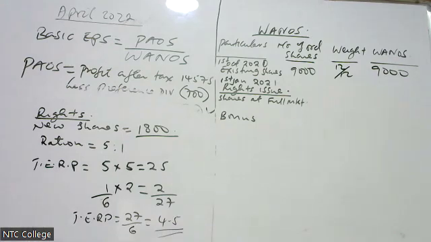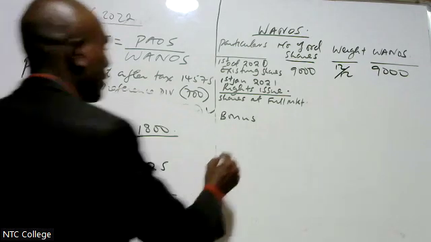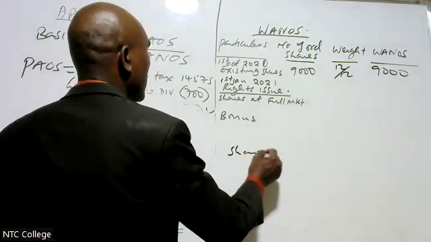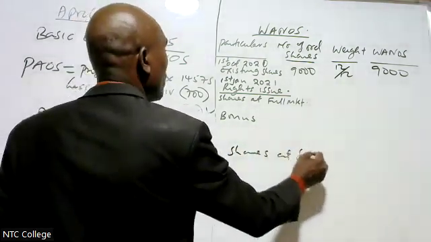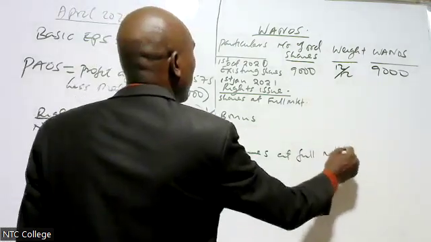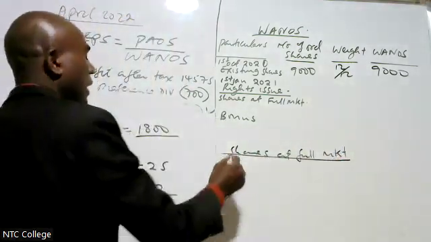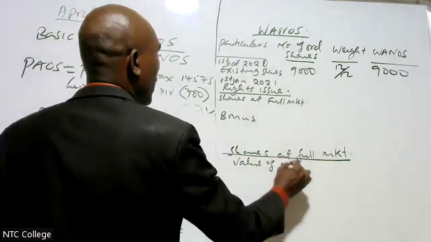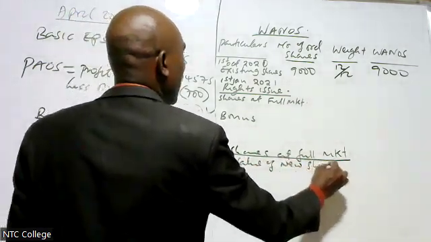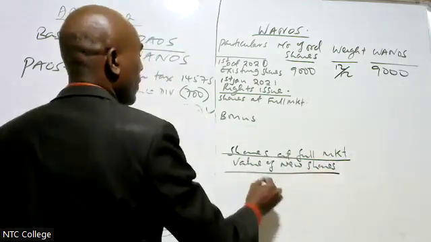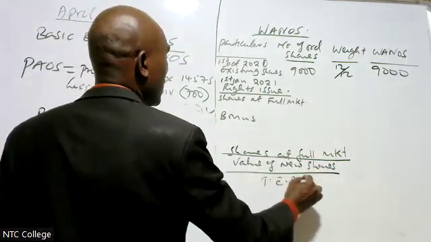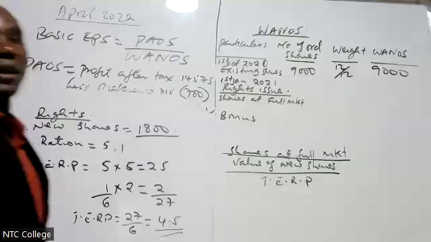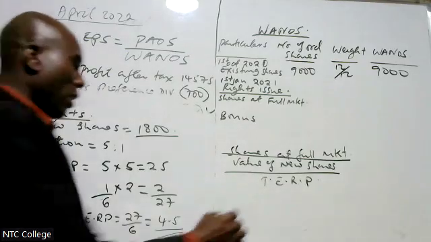Then I come to compute shares at full market. Here we said you take the value of new shares and divide by the theoretical ex-rights price.